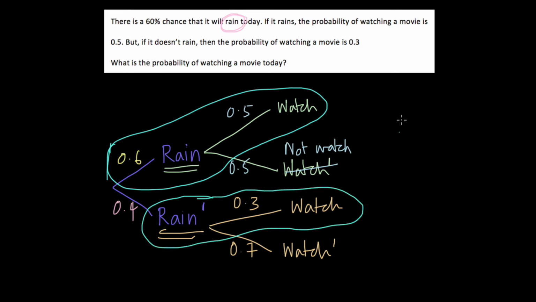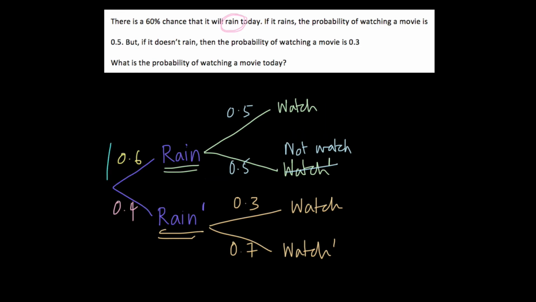Either way, both of these end up in you watching a movie, so these are the outcomes we care about. I'm just going to delete this because it makes it a bit messy, but I hope you've understood that these are the two outcomes we care about, this one here and this one here.